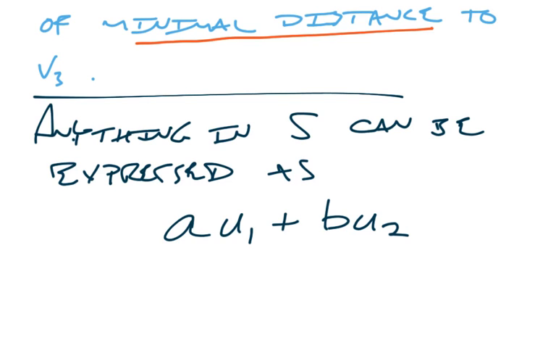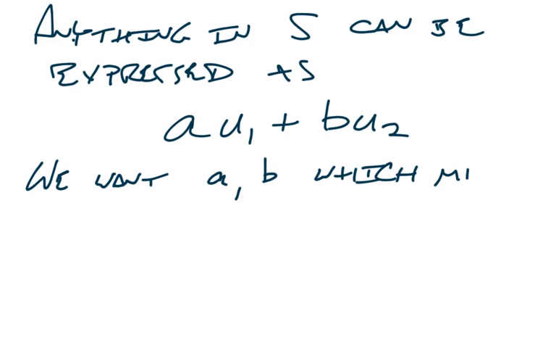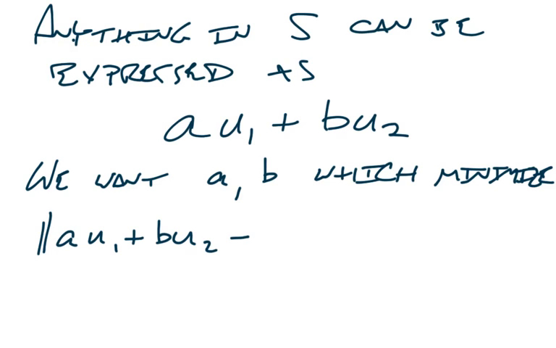So what we want are the a and the b, the coefficients on u1 and u2, which minimize the distance from a u1 plus b u2 to our vector that we care about, which is v3.